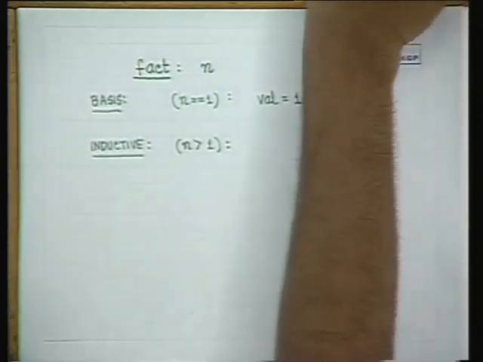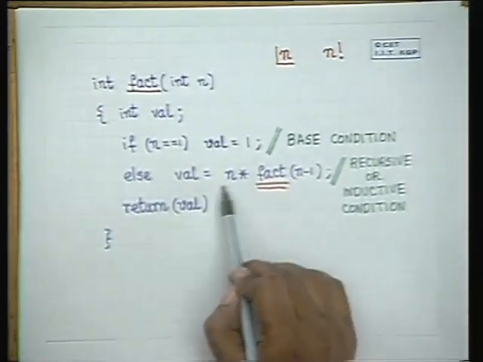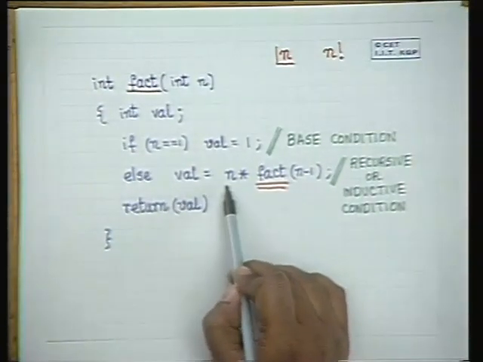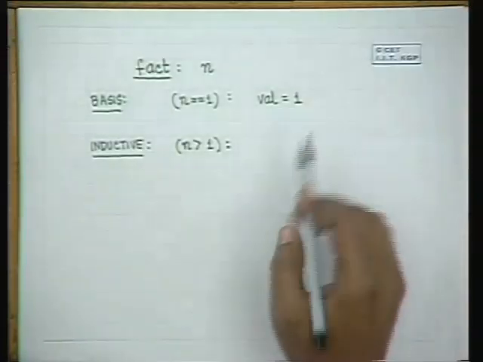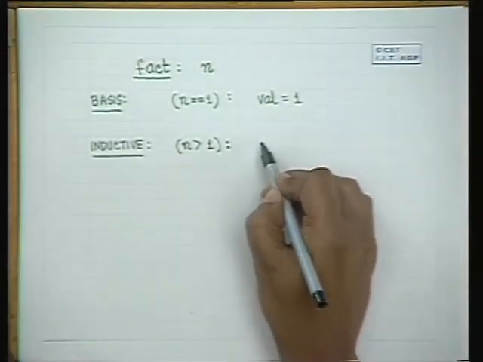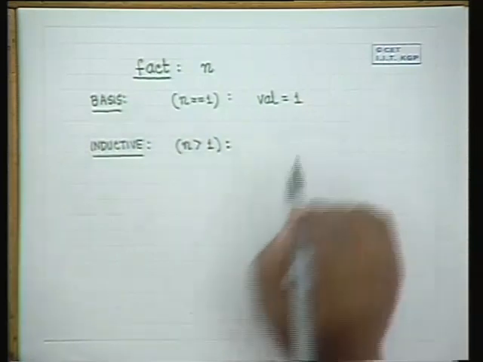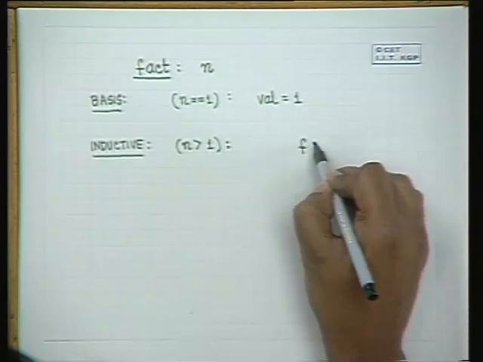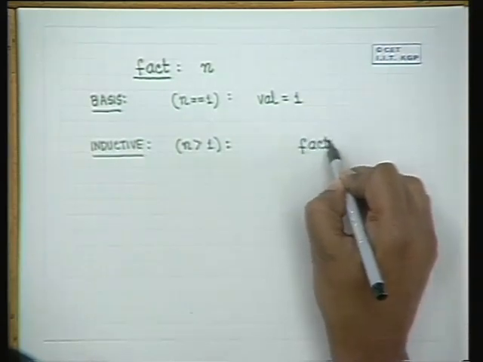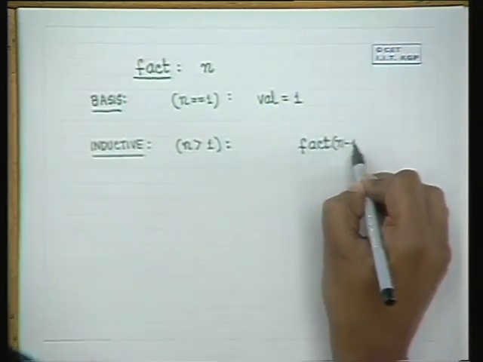Here, if we look back at this, val is equal to n into fact of n minus 1. What we did was we first decomposed the problem into a single subproblem and solved the single subproblem, fact of n minus 1.